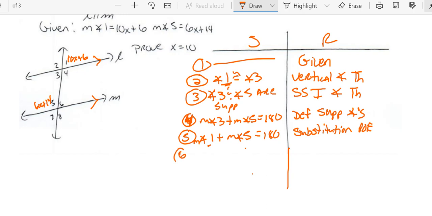Then for step 6, we can go ahead and substitute in the variables. So it's going to be 10x plus 6 plus 6x plus 14 equals 180. Substitution again. 7.